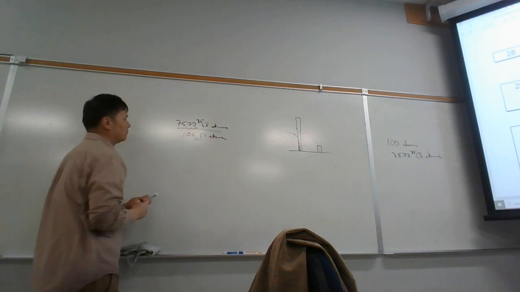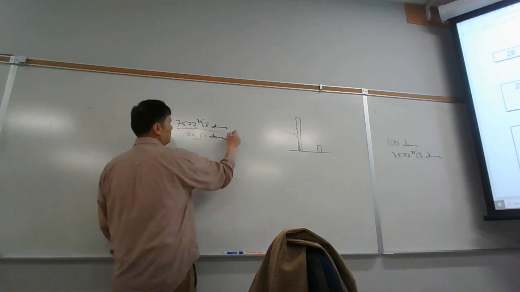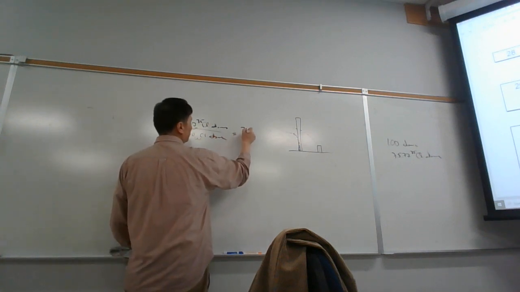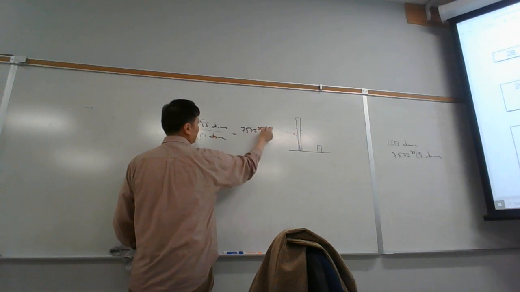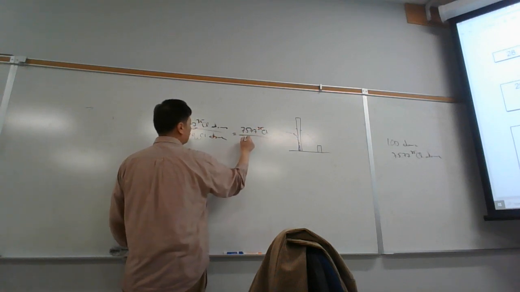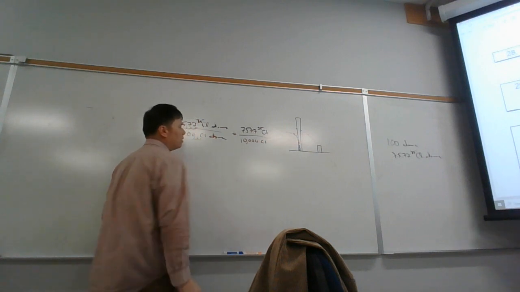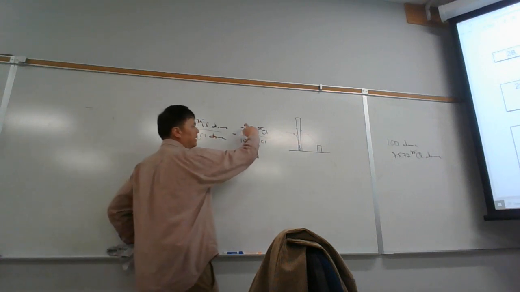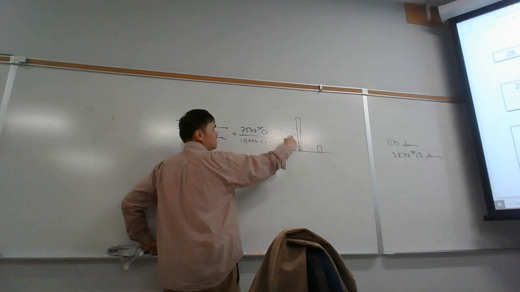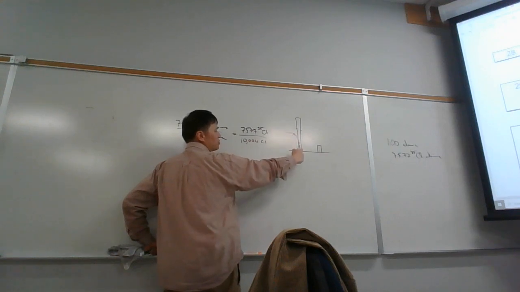So you'll have 7,577 chlorine-35 for every 10,000 chlorine atoms. If I feed 10,000 chlorine atoms into the mass spectrometer, 7,577 will strike here.